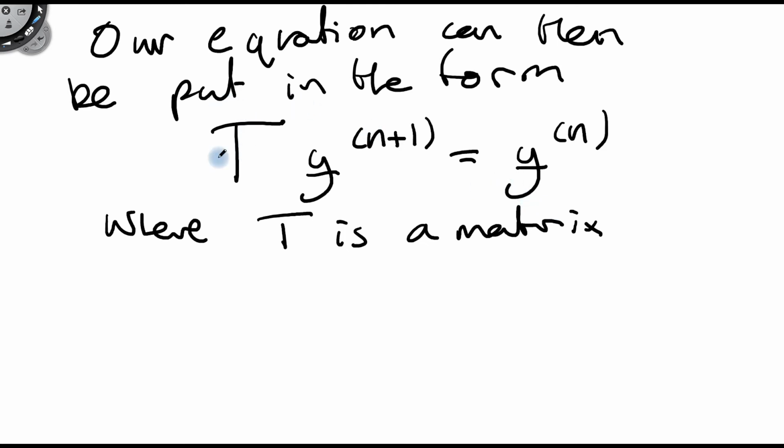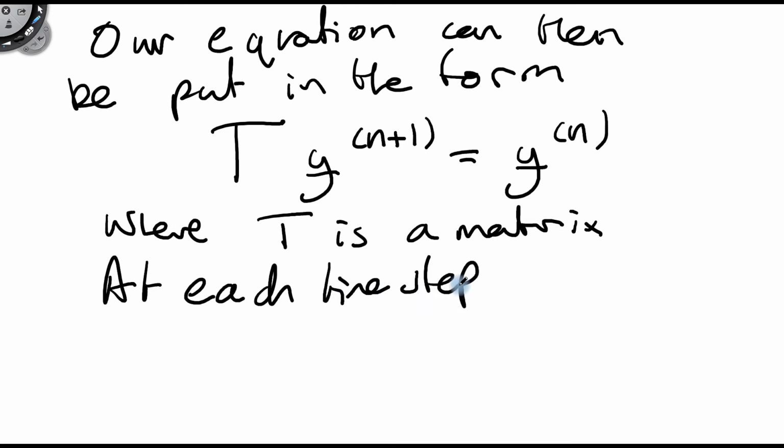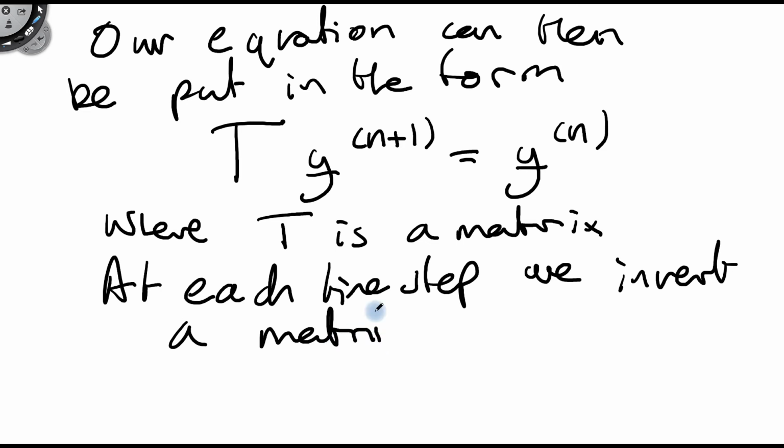So what I'm going to do now is show you what this matrix equation looks like. Basically, at each time step, we invert a matrix T to find a new step.